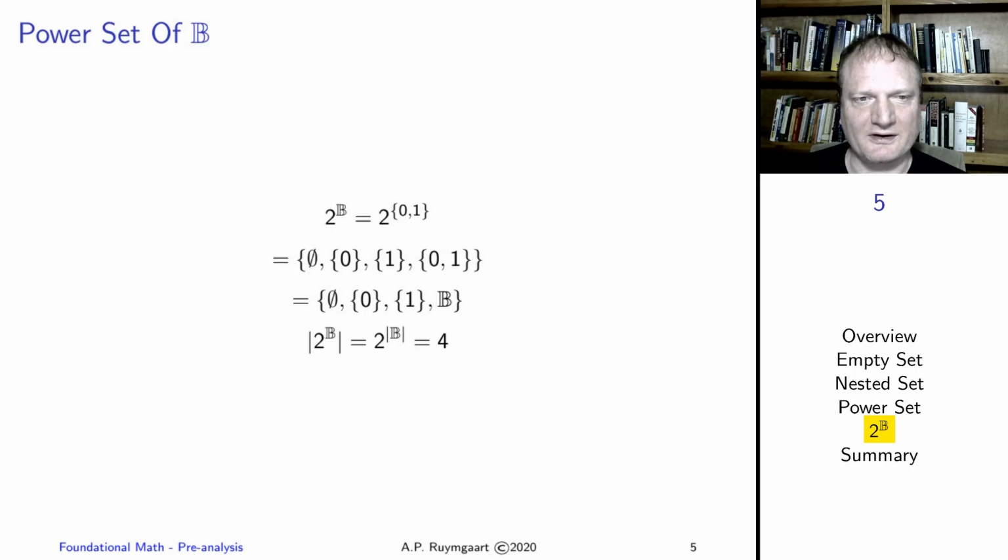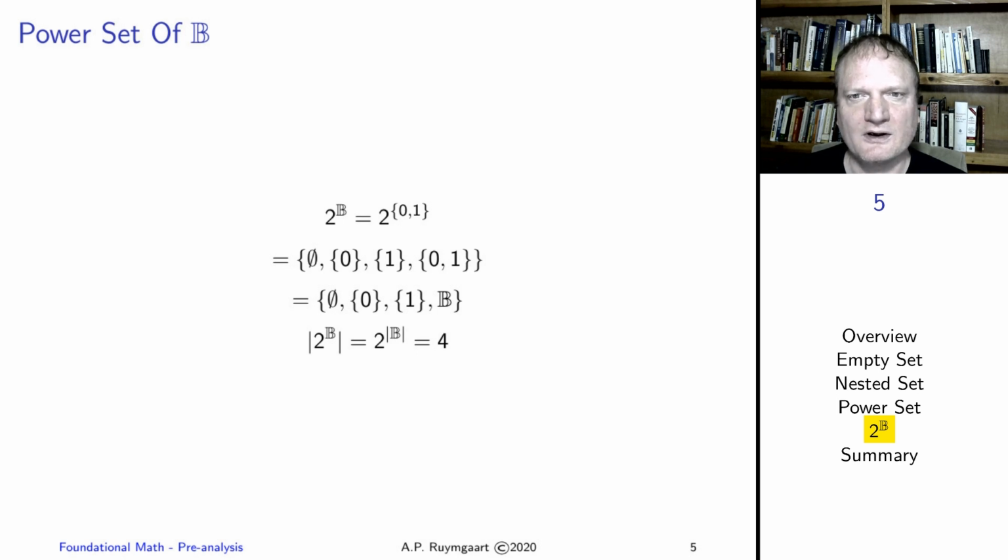Let's do another quick example of a power set. Let's do the power set of the Boolean domain. Remember, the Boolean domain just had 2 elements, so we know its power set's cardinality is going to be 2 to the power of the cardinality of B, which is 2. So we get 2 squared, or 4 elements in our power set.